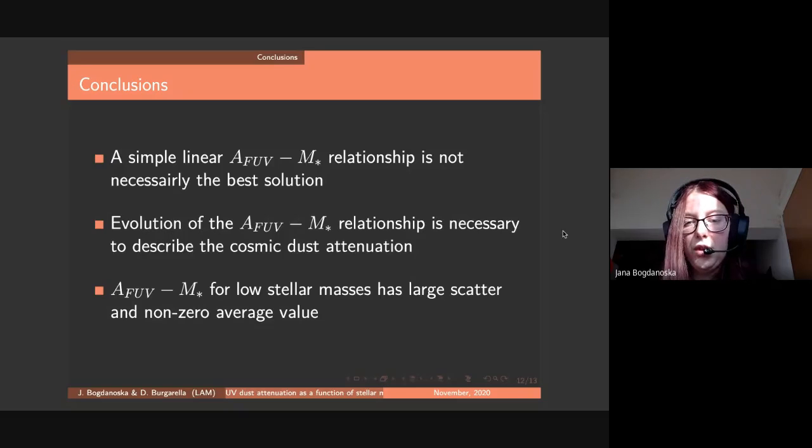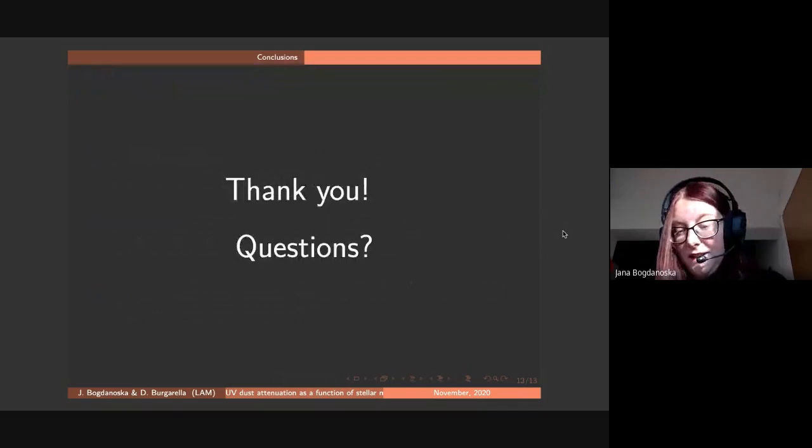So this evolution is necessary to describe the cosmic dust attenuation. And finally, as I've been talking about in the past few slides, the low stellar mass objects do have a non-zero average value for their dust attenuation, but for now we can just say that they have a non-zero average and a large scatter. Thank you again, and thank you for staying for my presentation.